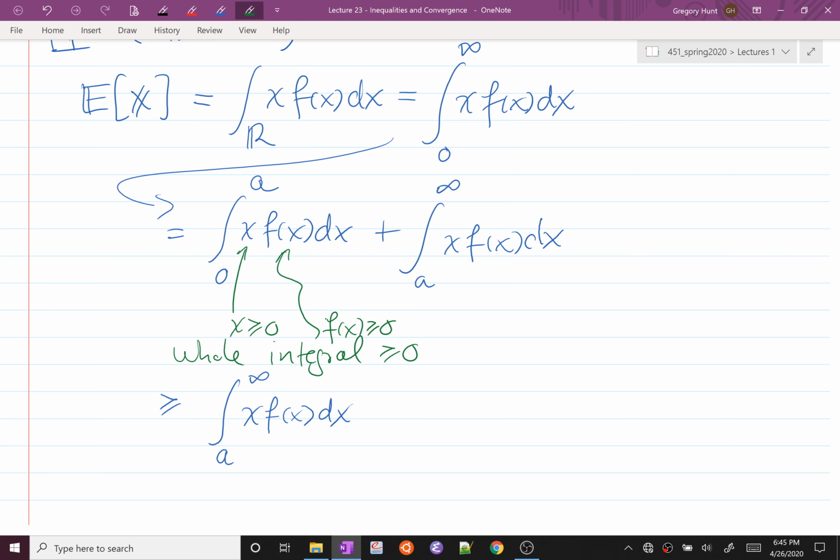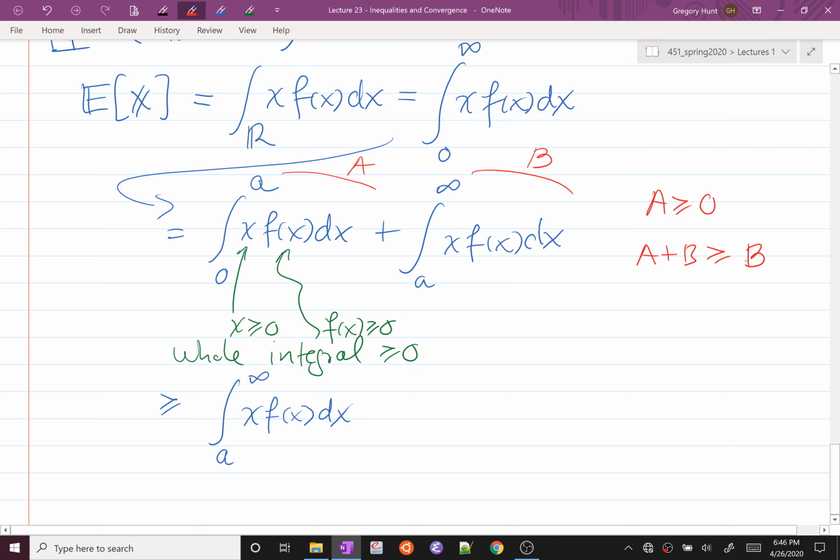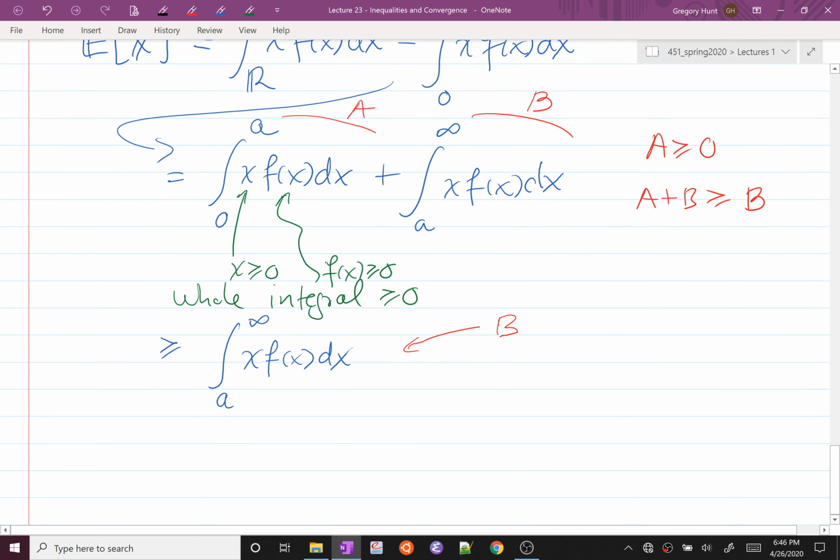Because all I'm saying is that I have a first integral, let's call it A, and a second integral B, and A is bigger than or equal to 0, so A plus B is bigger than or equal to B. So the sum of these two integrals is bigger than just one of them. They're both positive, that's okay.